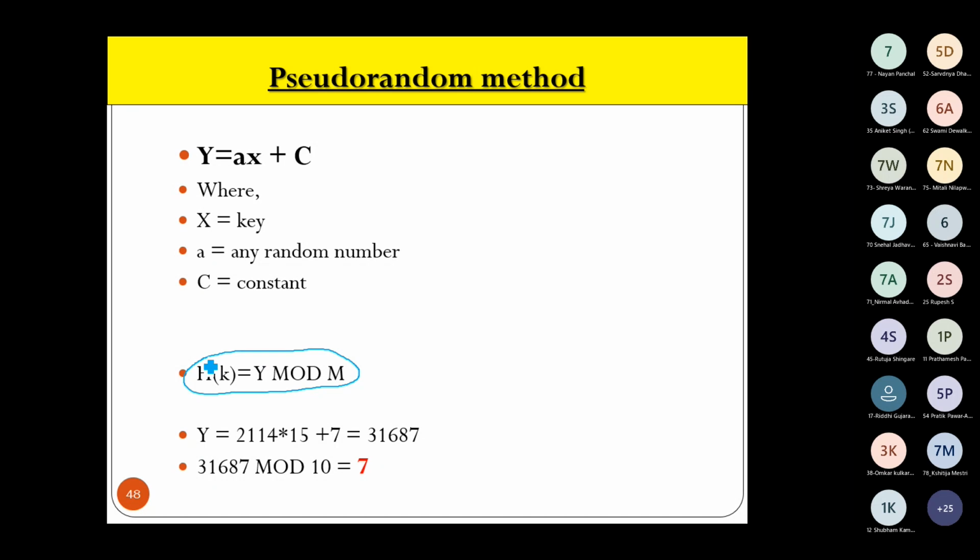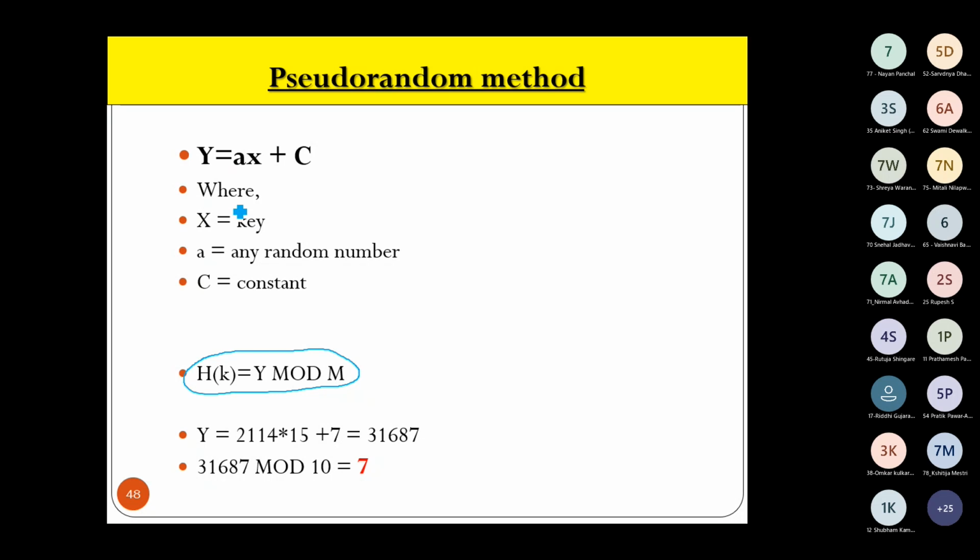Hash function is nothing but a random function, like y equal to ax plus c, where a is any random number and c is a constant, and x is nothing but our key which we are considering for calculation of address.